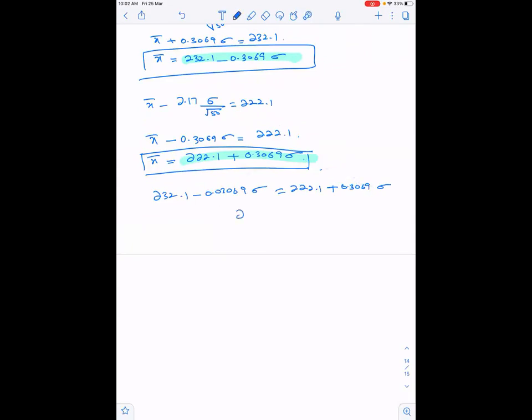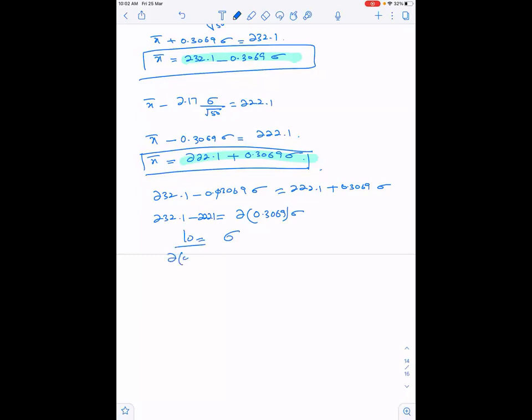So 2 times 0.3069 sigma equals 232.1 minus 222.1, which is 10.